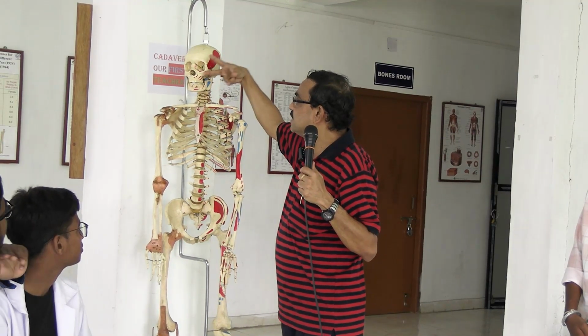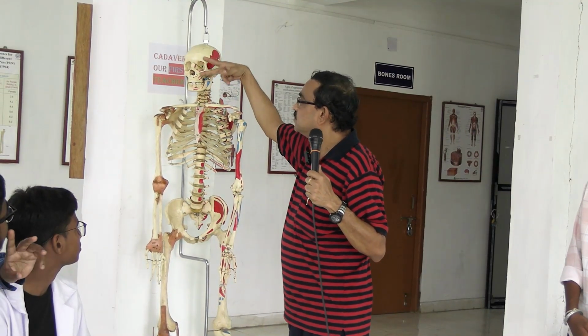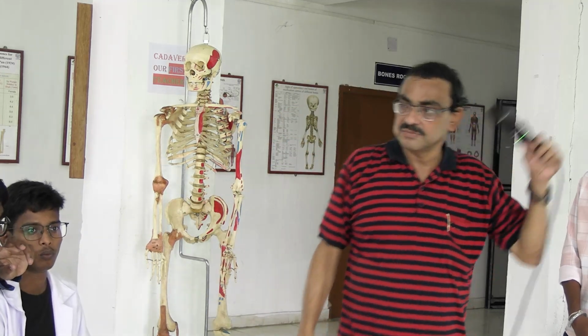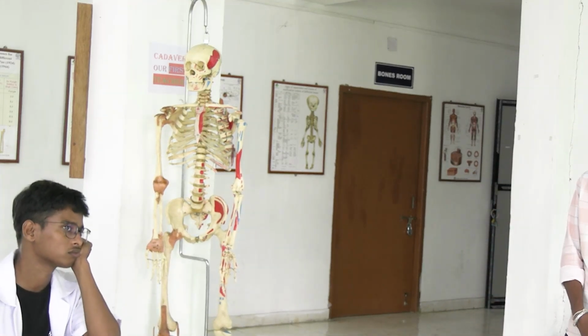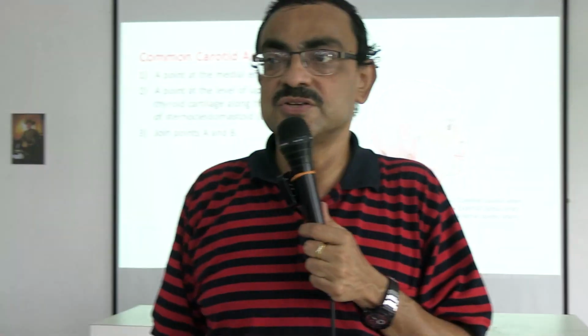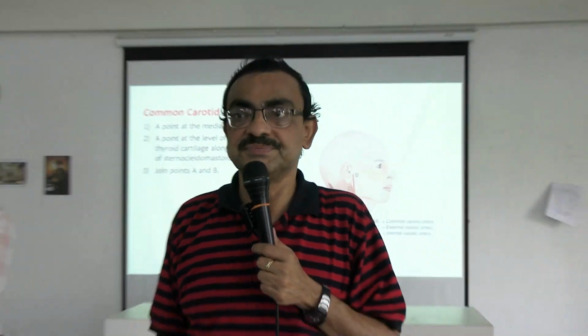So this maxillary branch comes out through this foramen as the infraorbital nerve, and there it forms a plexus with a branch of the facial nerve, which is the infraorbital plexus.